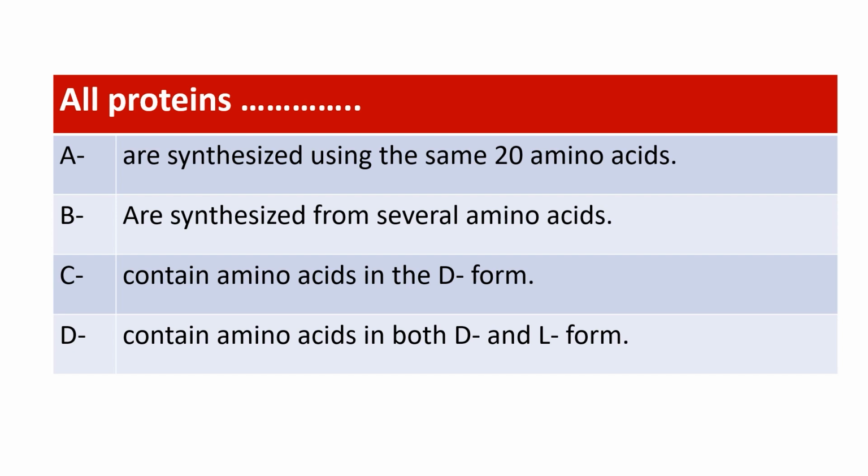But for the proteins, L form. The correct answer is A, the proteins are synthesized using the same 20 amino acids. And these standard amino acids are essential for the diversity and function of proteins and are determined by the universal genetic code. Answer is A.